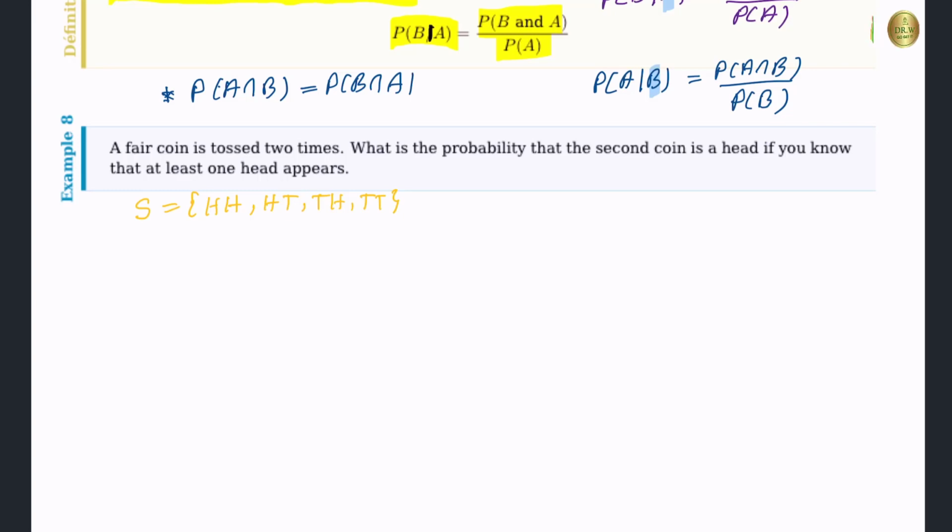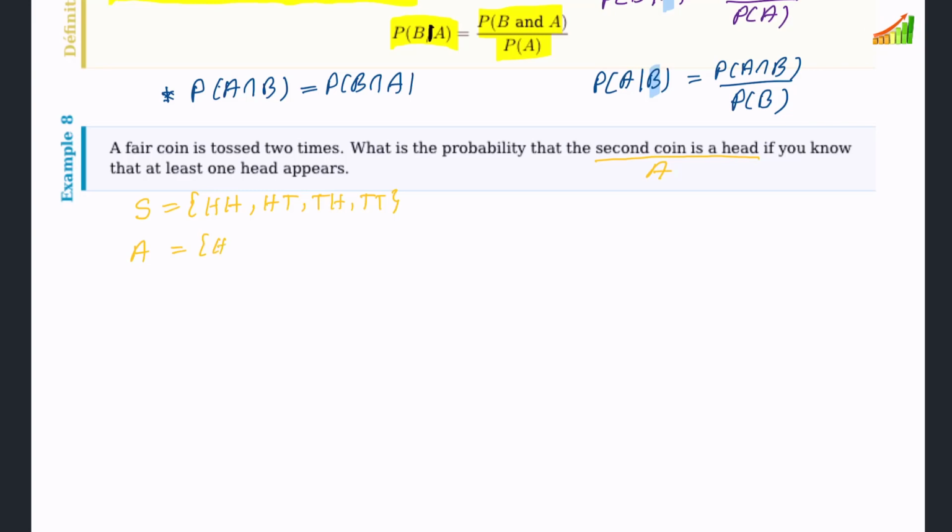And I need to define 2 events. What are those 2 events? Here, what is the probability that the second coin is a head? I use this event as A. So, A equals the second coin is a head.